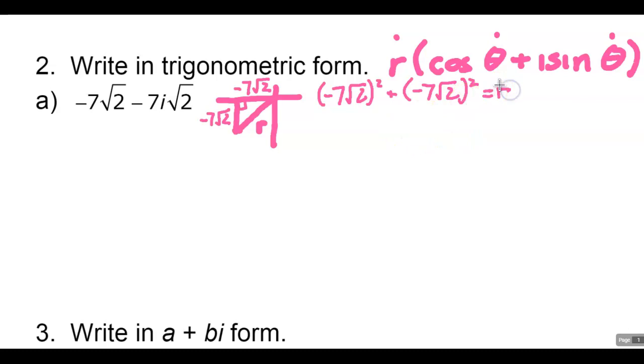That equals r squared. So this is going to be 7 root 2 times 7 root 2. 7 times 7 is 49, and root 2 times root 2 is 2. We'll get the same for both of these.